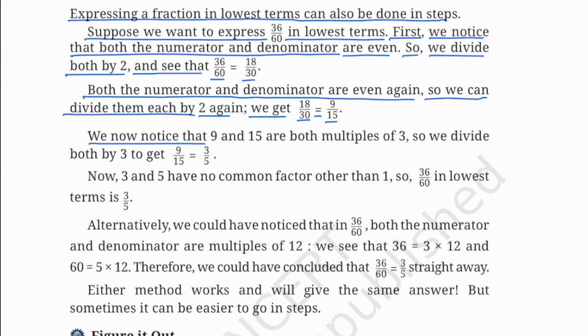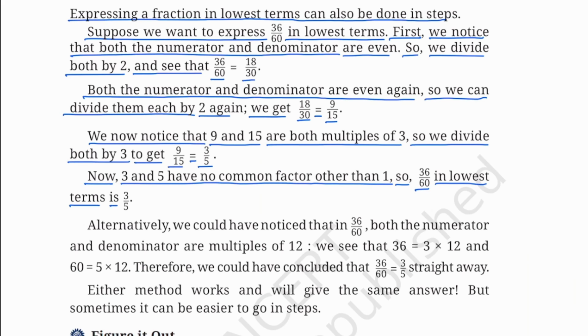We now notice that 9 and 15 are both multiples of 3. So we divide both by 3 to get 9 upon 15 is equal to 3 upon 5. Now 3 and 5 have no common factor other than 1. So 36 upon 60 in lowest terms is 3 upon 5. 36 upon 60 is equal to 18 upon 30 is equal to 9 upon 15 is equal to 3 upon 5.